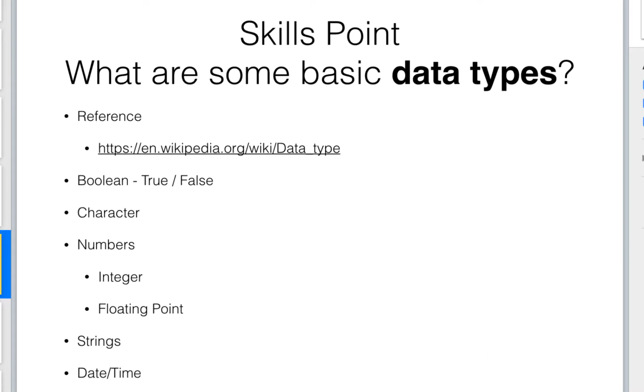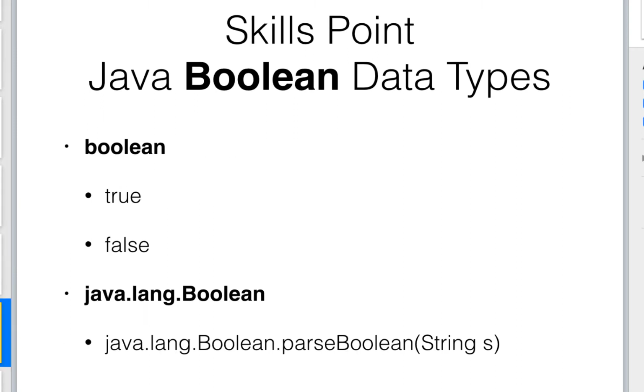Some of the data types we'll be looking at here are the Boolean, which can be true or false, the character, numbers, both integers and floating point, strings, and date and time. With these building blocks, with these fundamental data types, you can build upon these and build other data structures.